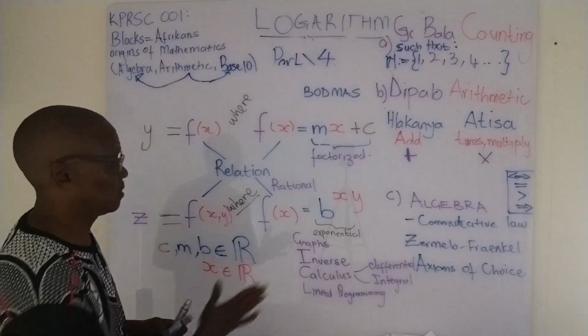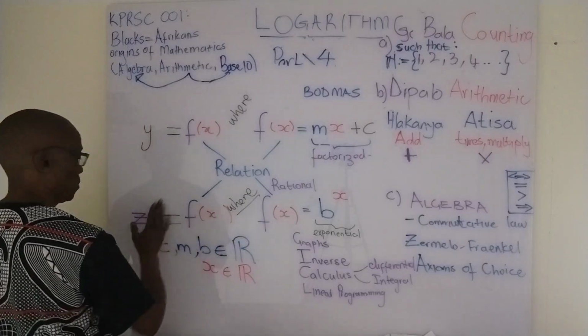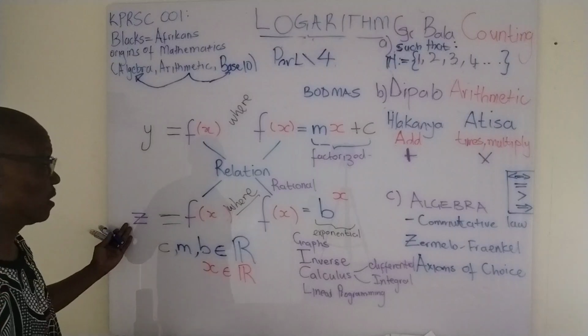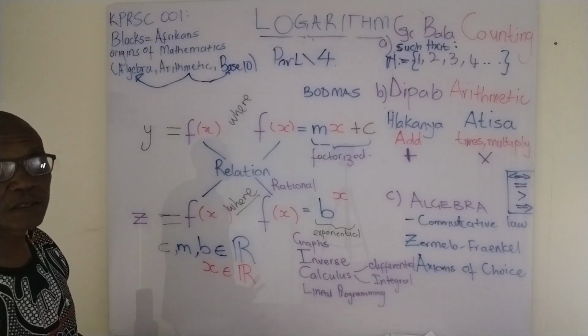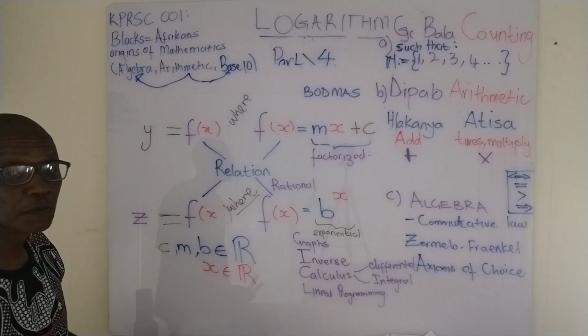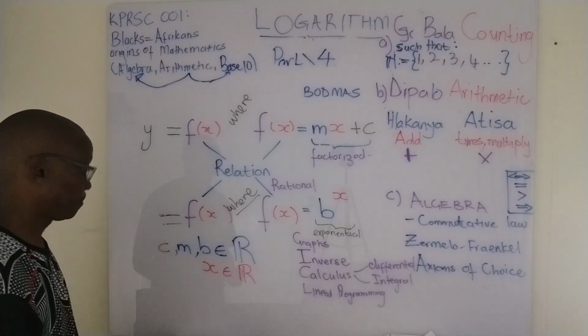In this case, because I've gone back to one function, I can retain this z. They're arbitrary symbols as long as they don't conflict, meaning I can't say x here.